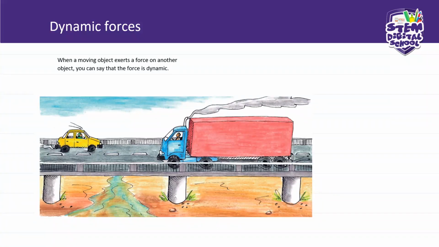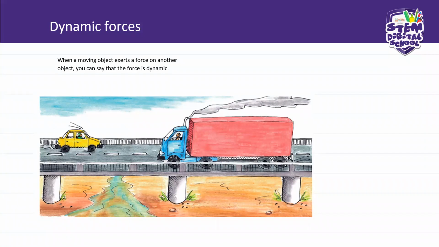Yes. When a moving object exerts force on a structure, we say that is dynamic force. You are right. Remember, when the teacher is marking, they are looking for some keywords. But you must use those words in a correct context.